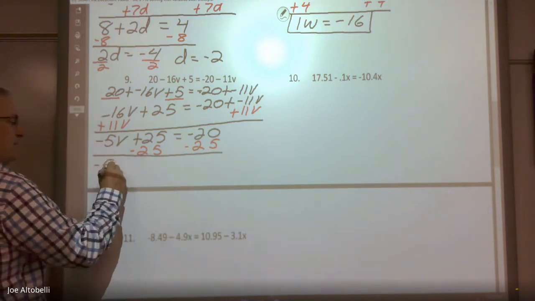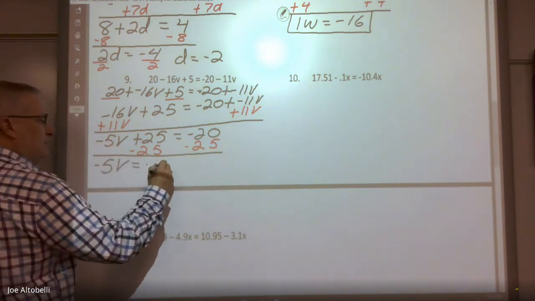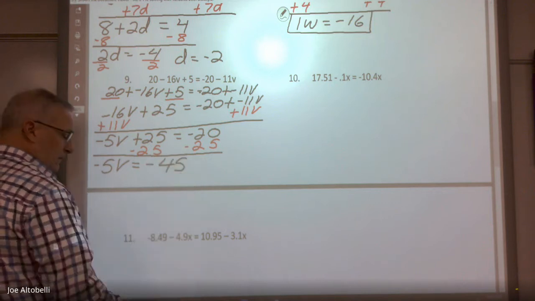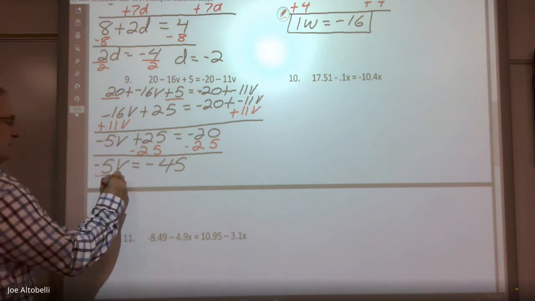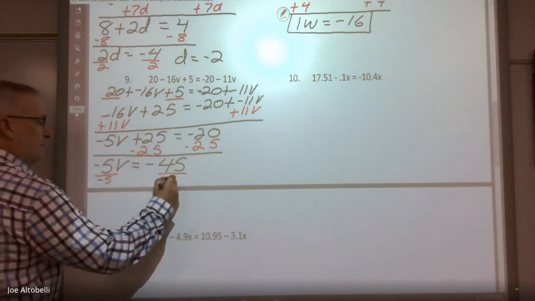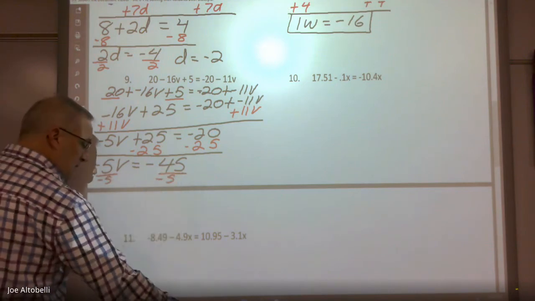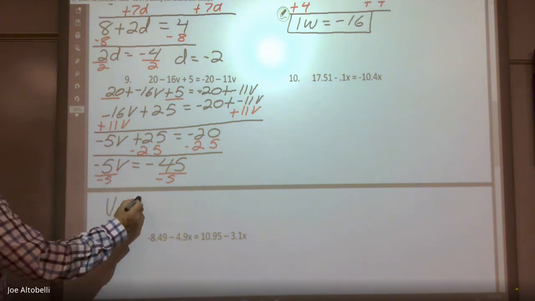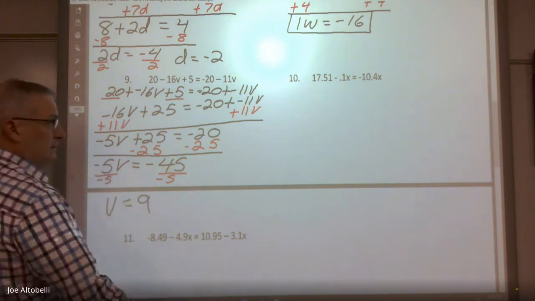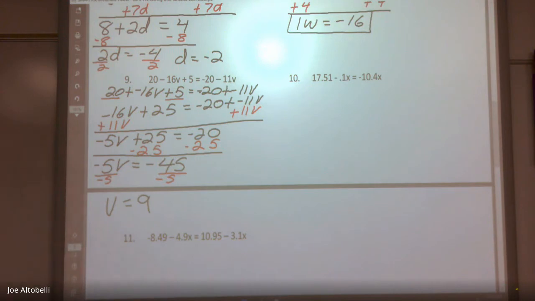So we have -5b is equal to a -45. And then divide by the -5. And we get b is equal to 9. B is equal to 9.